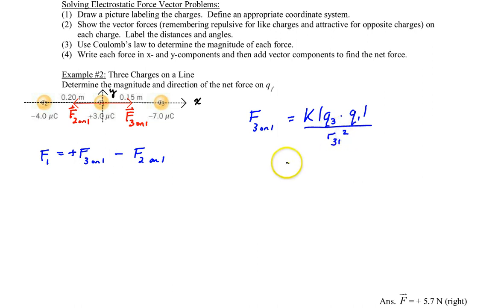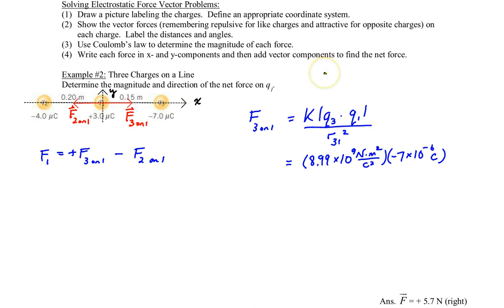Now let's substitute. K is equal to 8.99 times 10 to the power of 9 in Newton meters squared per Coulomb squared. And then we have Q3, which is equal to negative 7 times 10 to the power of negative 6 coulombs.